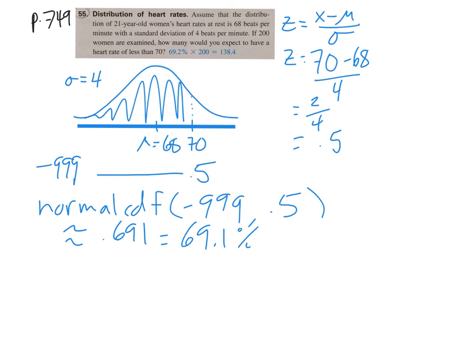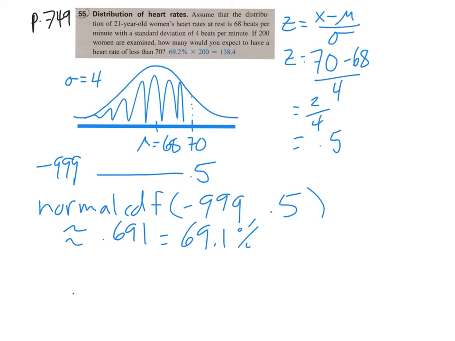Now, this actually wants to know, though, not what percent. It said how many would you expect to have a heart rate of less than 70. So out of these 200 women that they took, they want to know how many women exactly. Well, we can do that pretty easily. We know that 69.1% of the 200 women would be expected to have a heart rate of less than 70. So the question is, what is 69.1% of 200? Well, it's pretty easy.